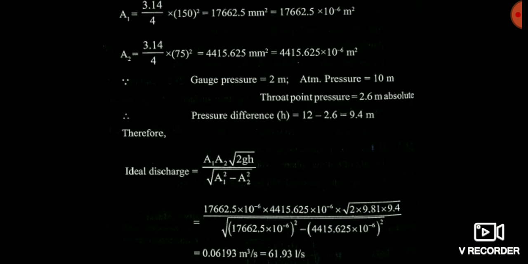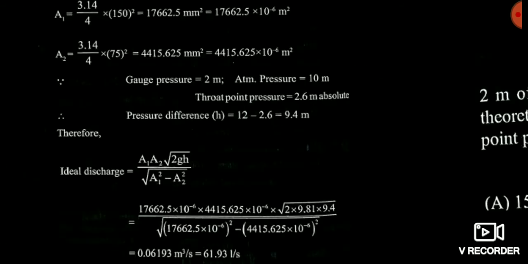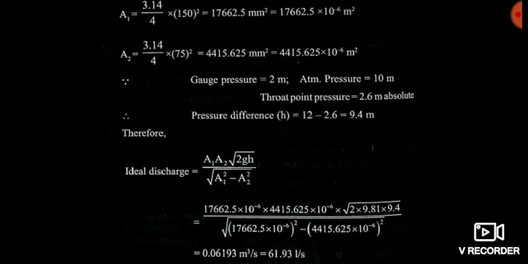After this you can see that 2 meter of water is the gauge pressure and 10 meter of water is the atmospheric pressure. At the convergent end, it has 10 meter of water plus 2 meter of water, means a total of 12 meter of water, and at the throat point it has 2.6 meter of water. Means at the throat point the water head is decreasing from 12 to 2.6.